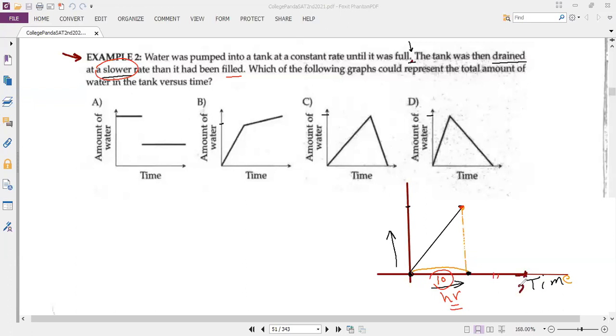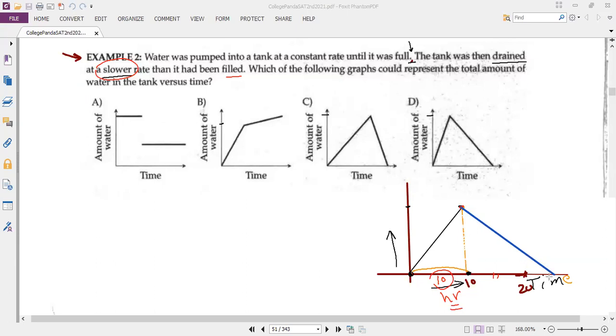So we have here at 20, 10 and 10, till here 10. The length here is 10 and the length here is 10. If we make it at the same rate, it should be like this, because it will be full and empty at the same rate, like an isosceles triangle. But it will be slower.